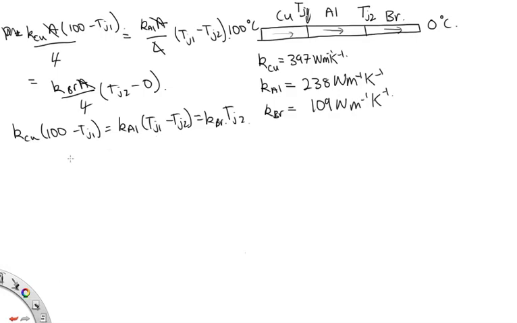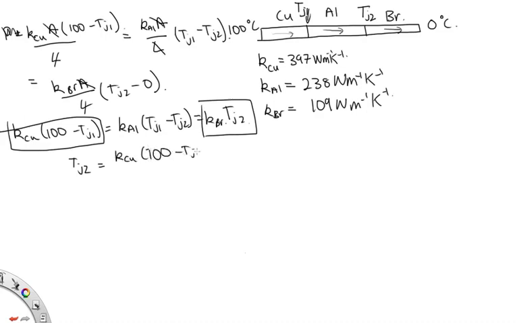Now we've got 3 equations and 2 unknowns here, so we need to solve it simultaneously. We can write that TJ2, using this part and this part, is equal to K for copper, 100 minus TJ1 over K for brass. So if we wanted to put in numbers, K for copper is 397.